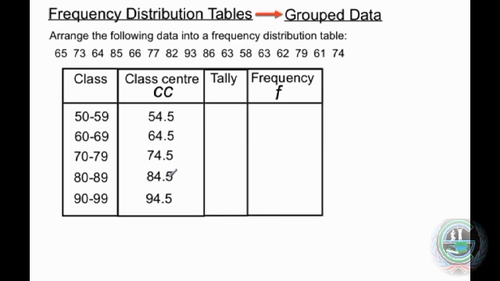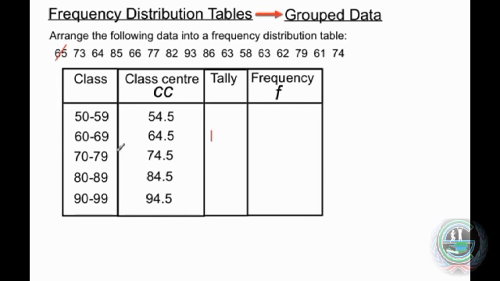For our purposes today, we're just going to put each of these individual scores into their class and add up how many scores belong to the different classes. So let's have a look. We'll cross off 65 and put a tally mark in the class that 65 belongs to. 65 is between 60 and 69, so we'll put a tally mark on that one.